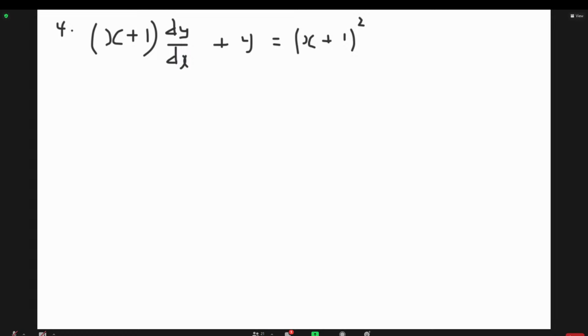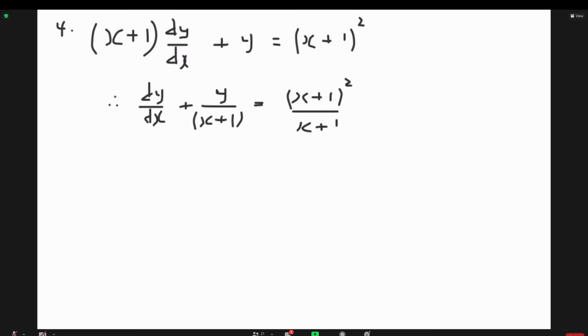So therefore, dy dx plus y over x plus 1 is equal to x plus 1 squared over x plus 1. So therefore, dy dx plus y over x plus 1 is equal to x plus 1.